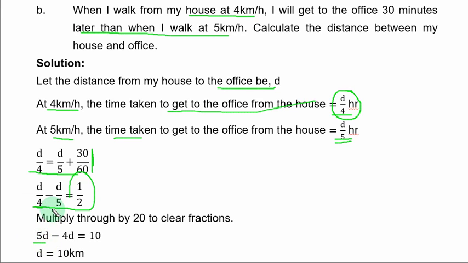You multiply this by 20, you have 4d. Multiply this by 20, you have 10. If you subtract, you have d equal to 10 kilometers as the distance required from the house to the office, or the distance between my house and the office.